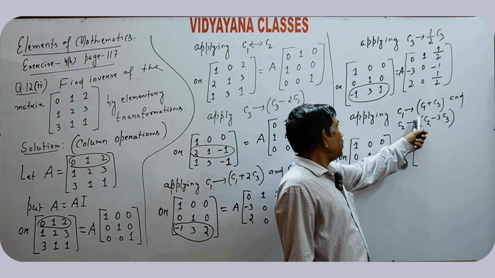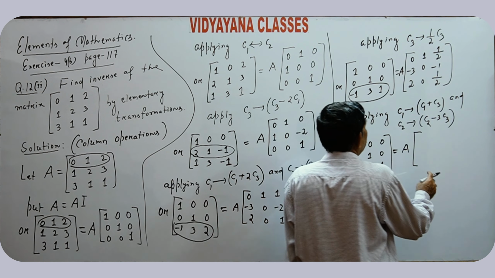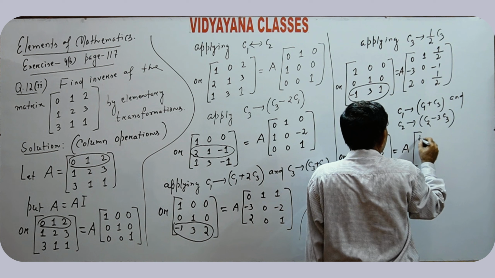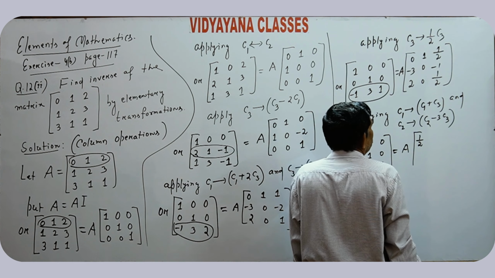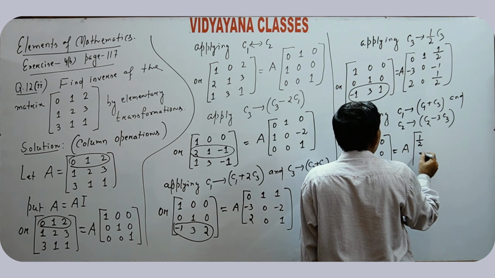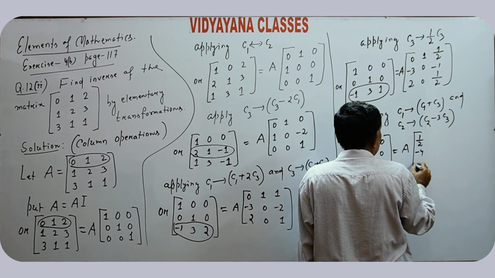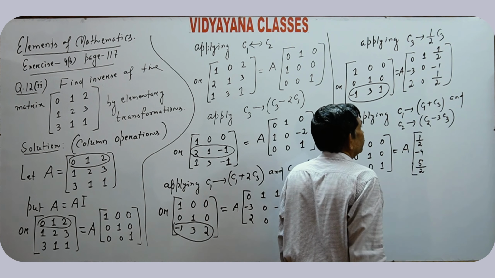The same operation will be applied on this matrix. C1 is replaced by C1 plus C3. 0 plus half, that is equal to half. Minus 3 minus 1, that is minus 4. 2 plus half, that is equal to 5 by 2.